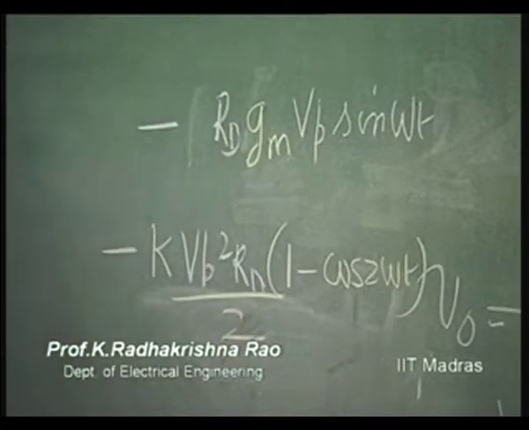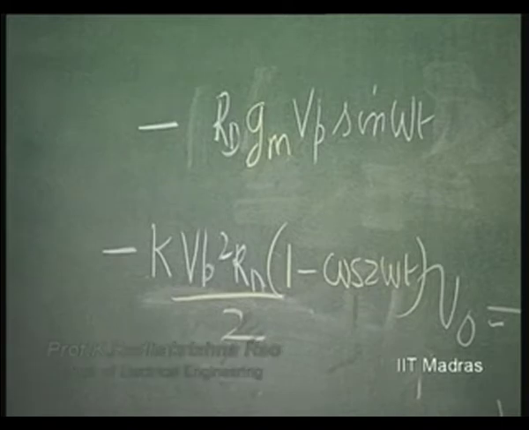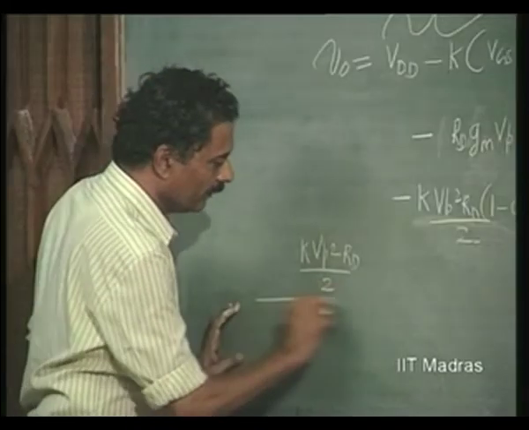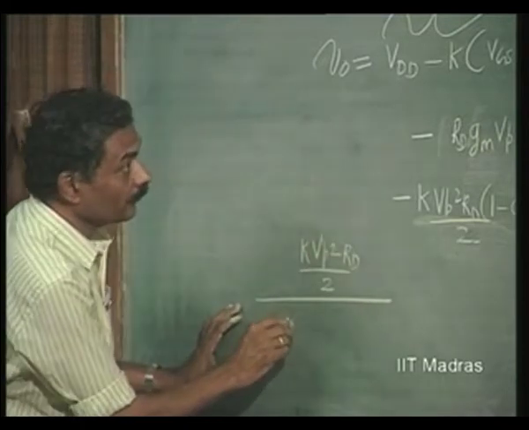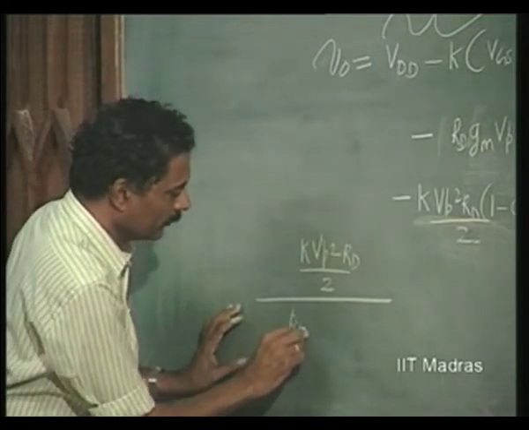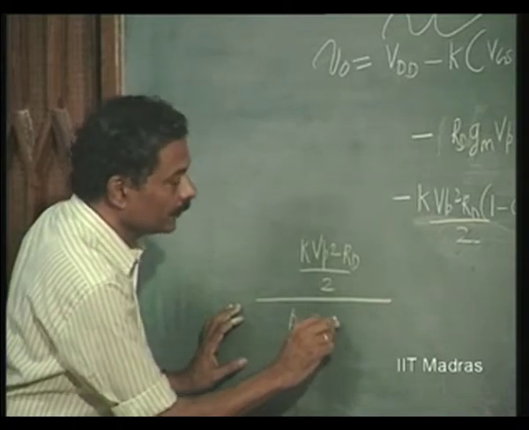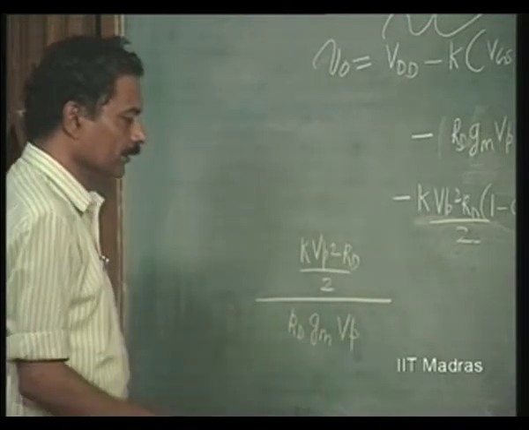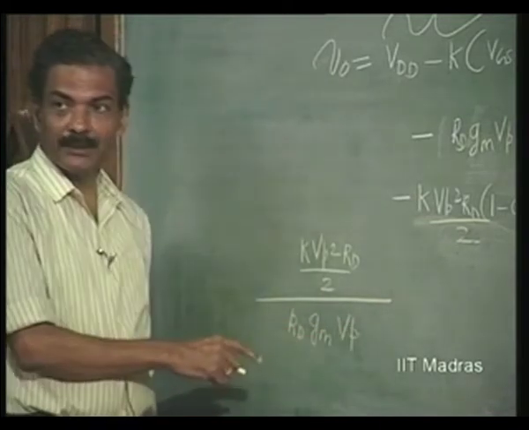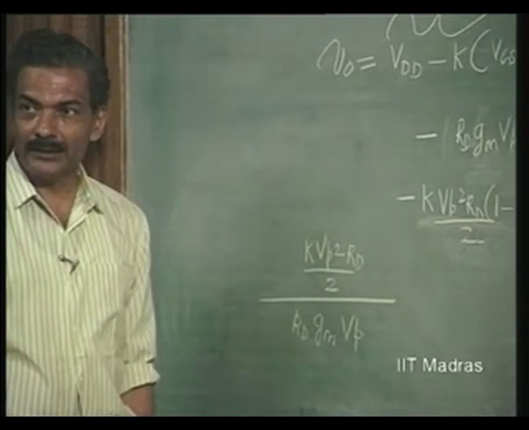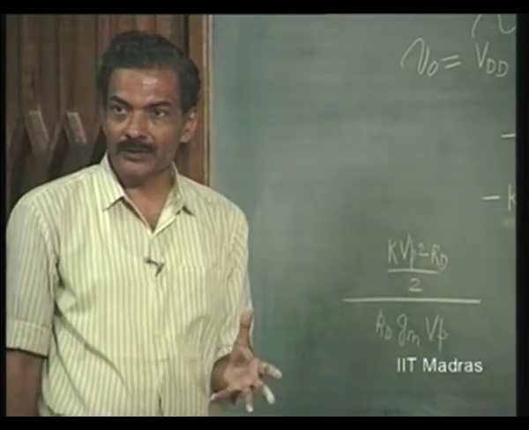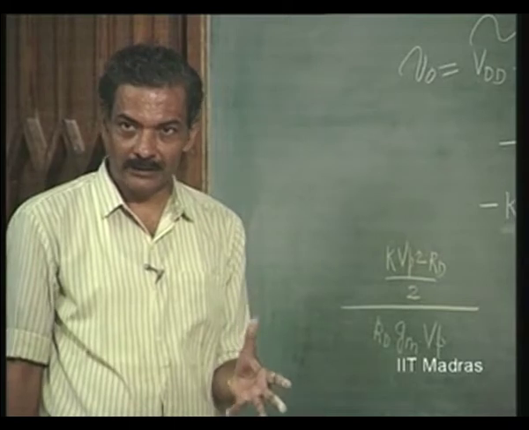So, what is it? We can just see k Vp squared into Rd by 2 divided by Rd Gm into Vp. Actually Gm itself is defined as 2k into VGSQ minus Vt, right.